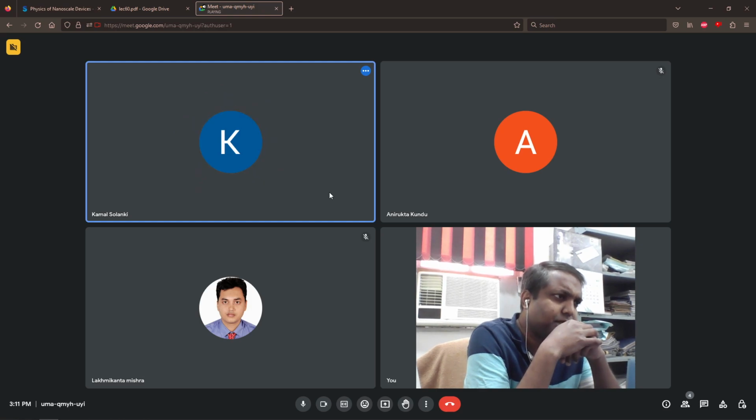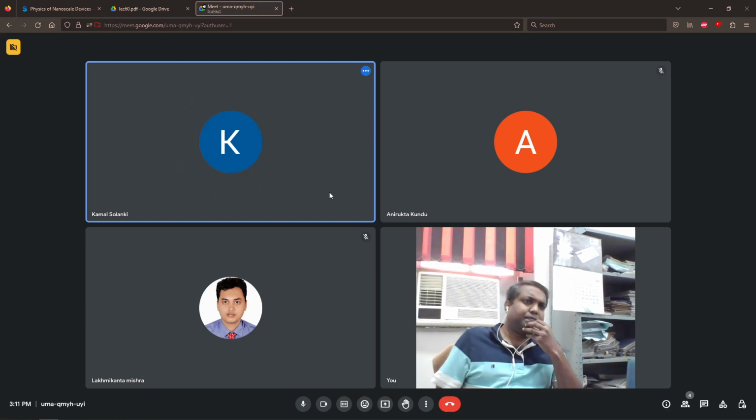Why are they preferring these? Maybe for bulk configuration some are using LDA-GGA and also for the device simulation they are using LDA-GGA. That's why this question came into my mind while attending the lectures of quantum dot devices.